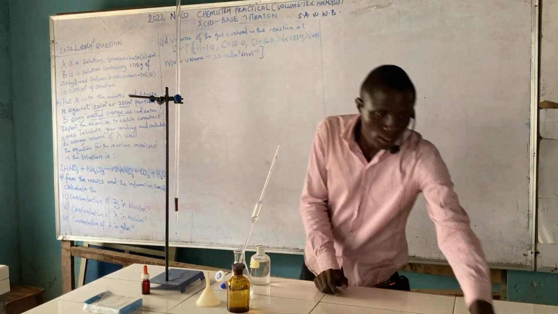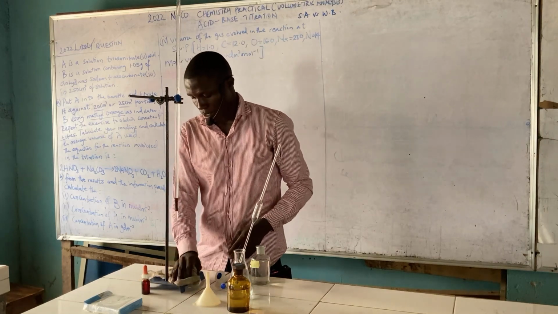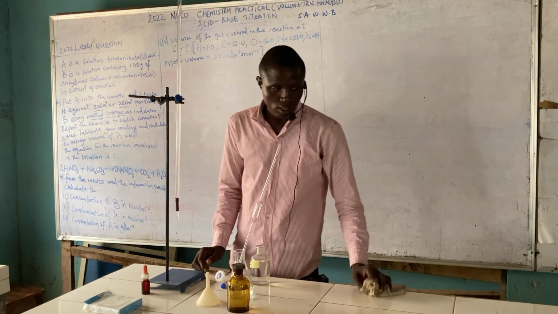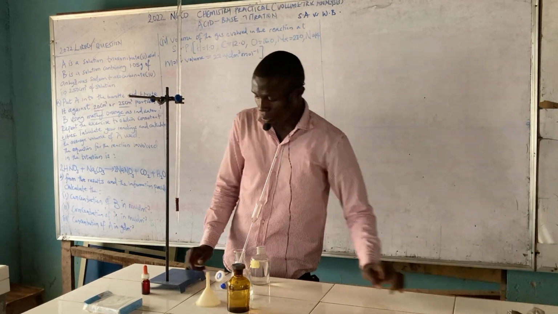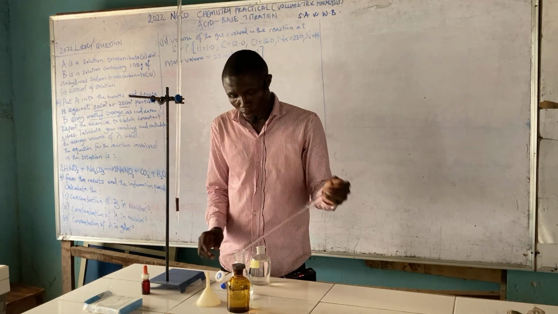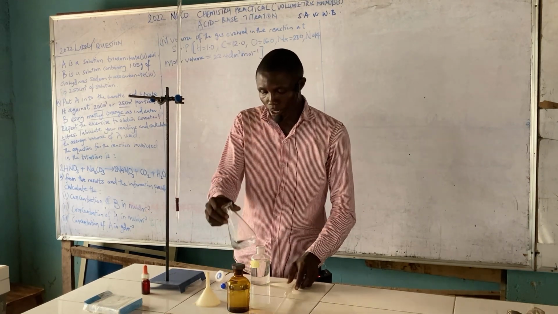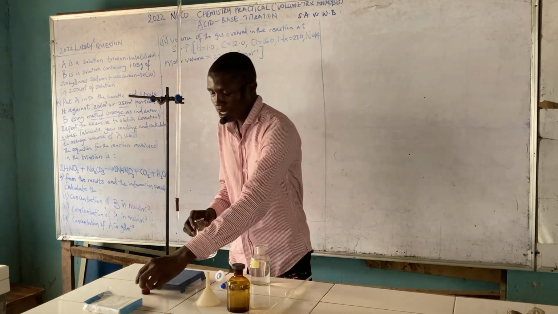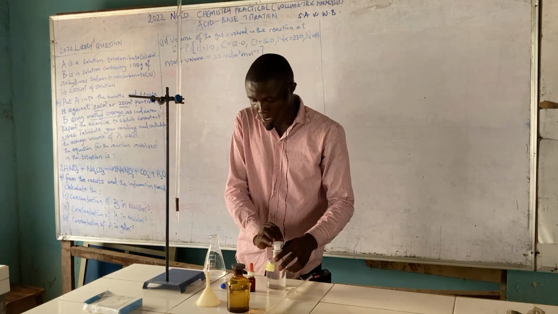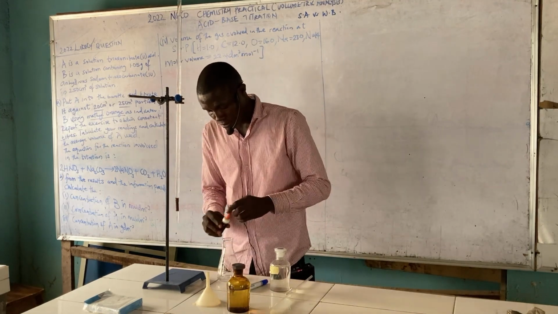Now here we have our B. Then we have to add 2 drops of the indicator.